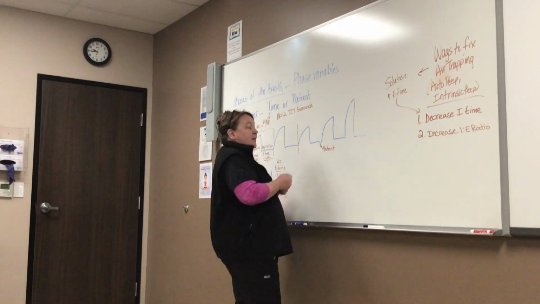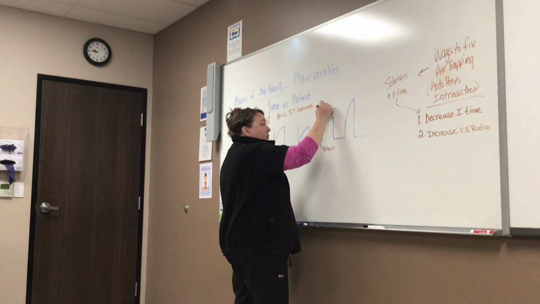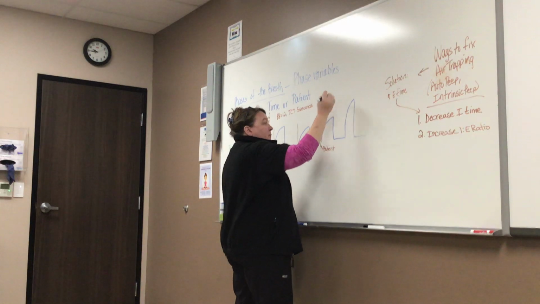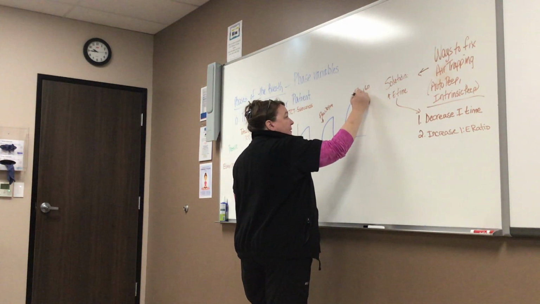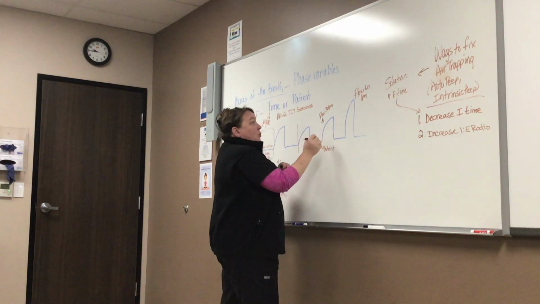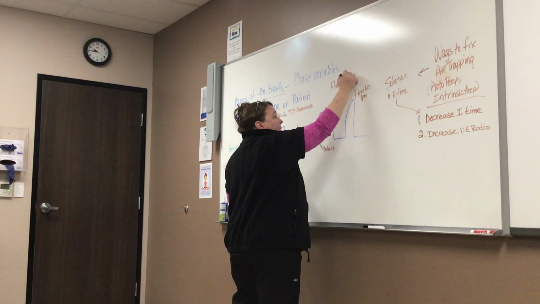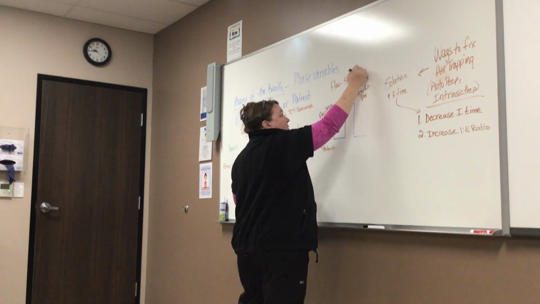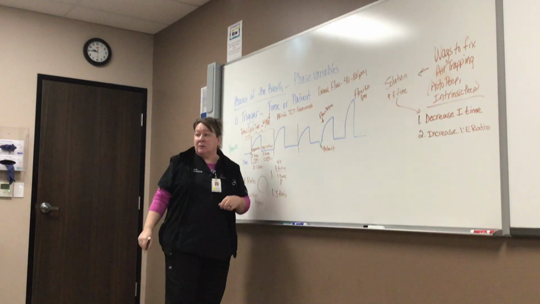So let's say in this example, the flow is 30. And in this example, the flow is 60 liters per minute. Normal flow is 40 to 80 liters per minute. You can go higher.